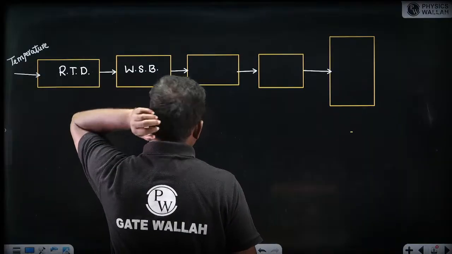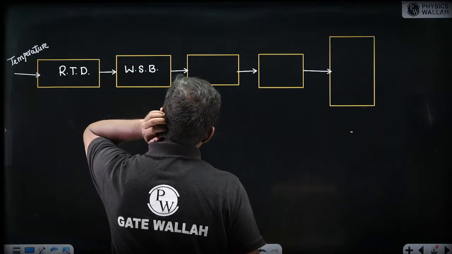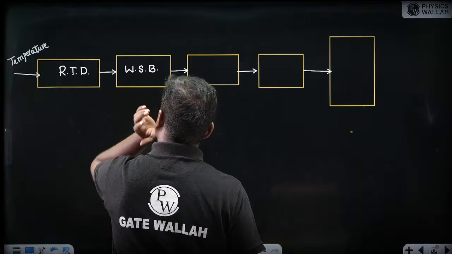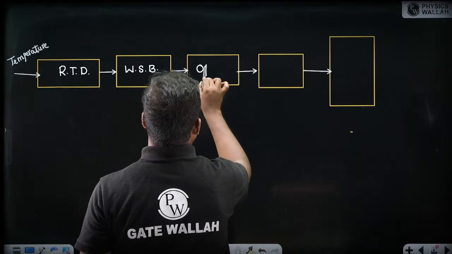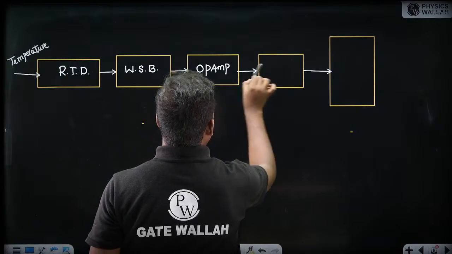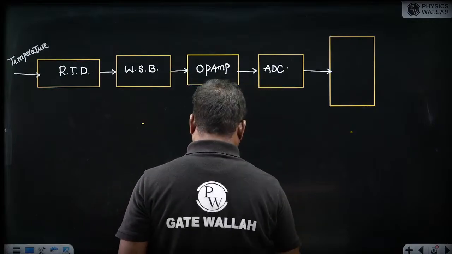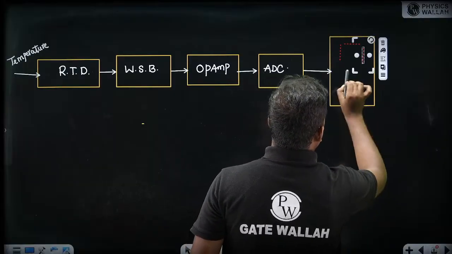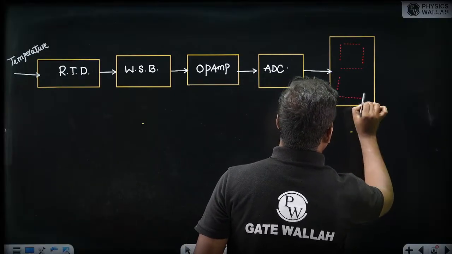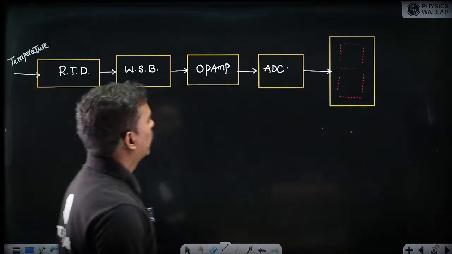Then comes the op amp, ADC, and here we are going to get the 7-segment display.